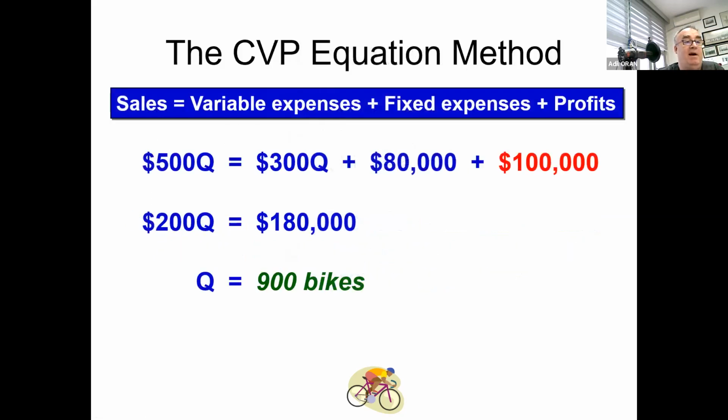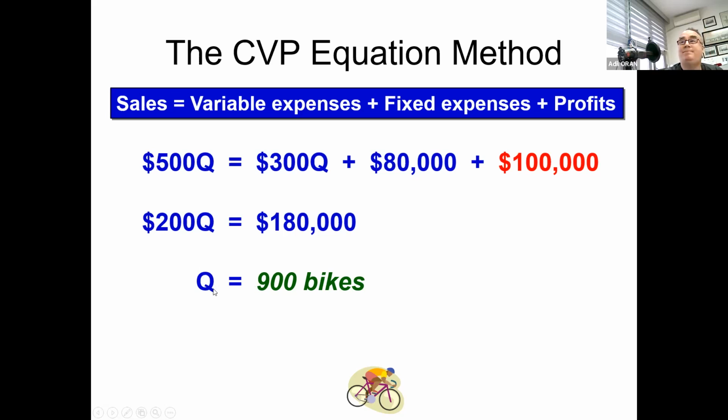And again, we have information, fixed expense of $80,000 plus profits of $100,000. So I need to have a total contribution margin equal to $180,000. So 200Q is the contribution margin, equal to 180,000.